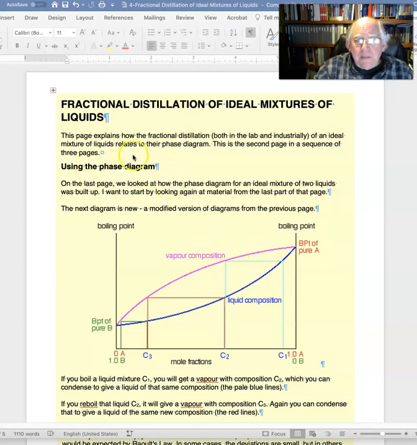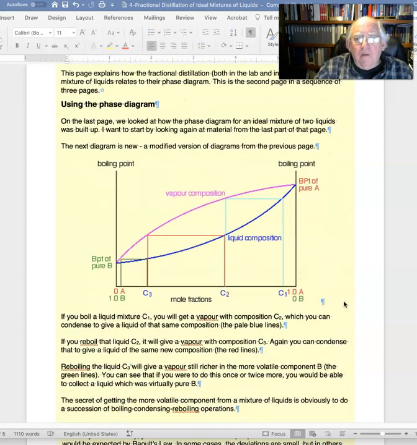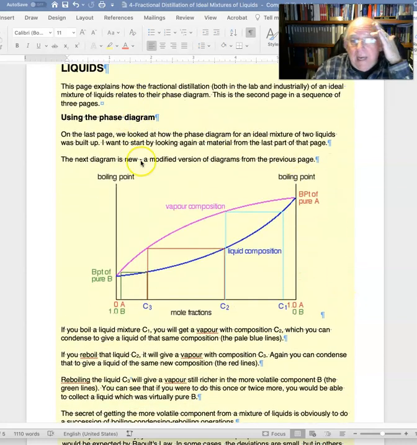And so when we look at the phase diagram, recall that we generated the phase diagram where we were able to plot on the x-axis the mole fraction associated with the two different components, A and B. Over here on the left we have all B, and B, as we said, was the more volatile of the components because it has the lower boiling point, which would be the higher vapor pressure.